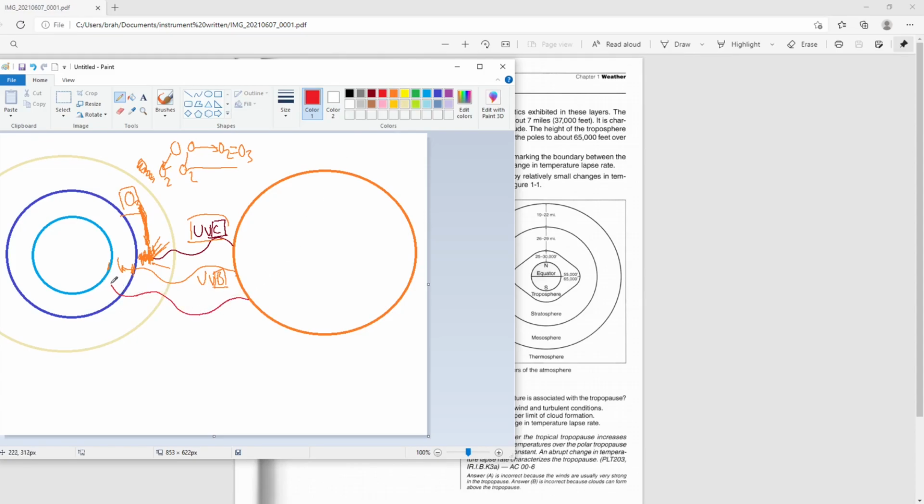So we've got long range rays here, and they actually touch the ground. These are the longest ones, UVA, long range ultraviolet rays. So these two here are able to pass through the ozone layer. And UVB is what most people associate with skin cancer. These are the most harmful rays.